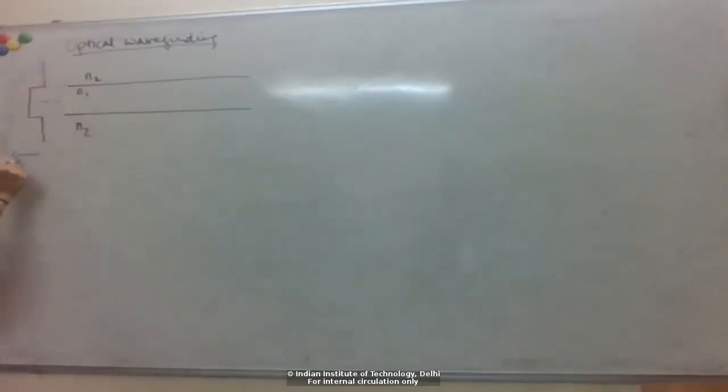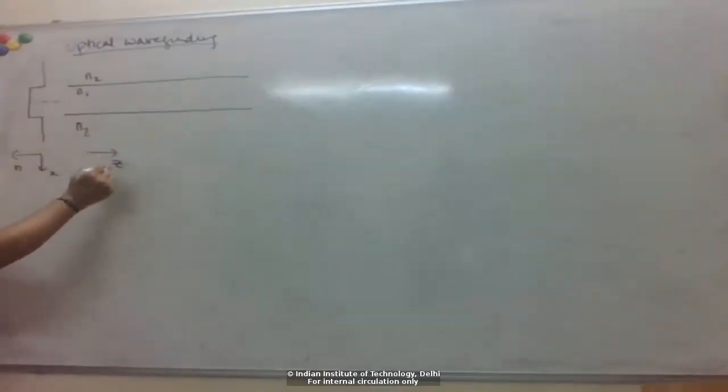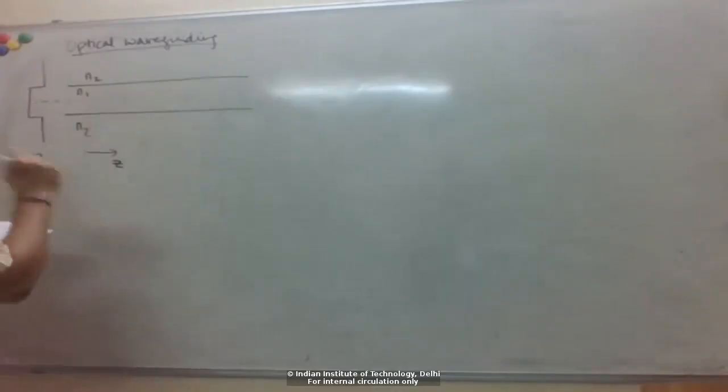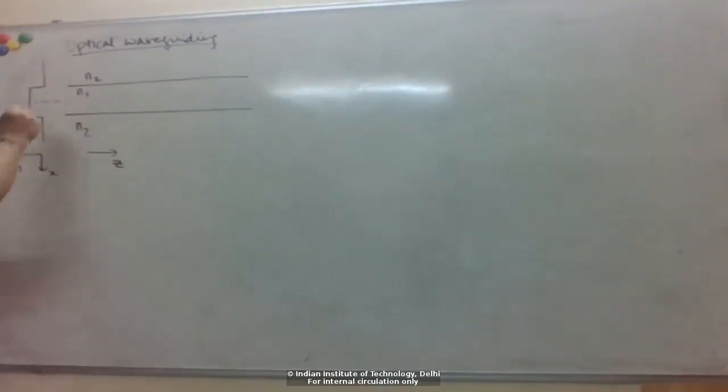This is n, and let's say this is some x. This is the propagation direction z. This will have some thickness. Let's say this plane is x equal to 0, so x equal to plus minus a are the boundaries.